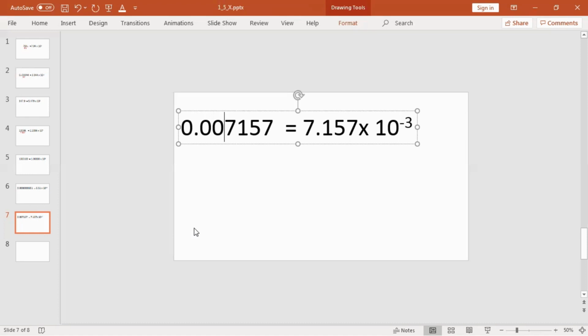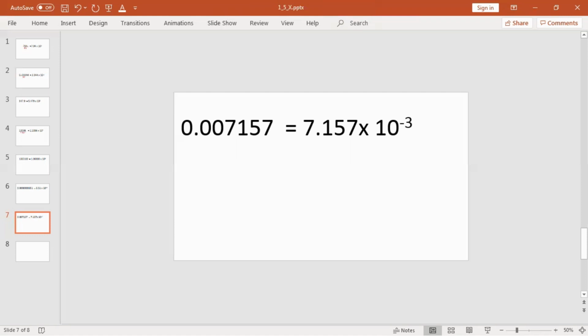So the significant figures are here. I'm just trying to show graphically what this should look like, to conceptualize all the parts. And let's verify the answer, 7.157 times 10 to the -3. Excellent. Okay.